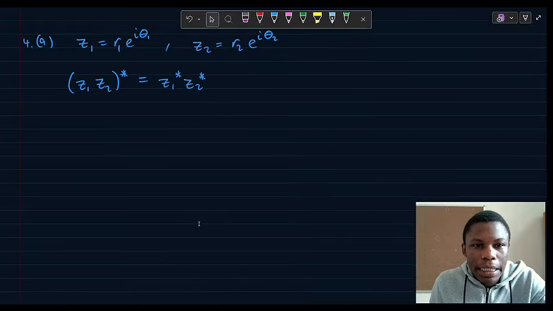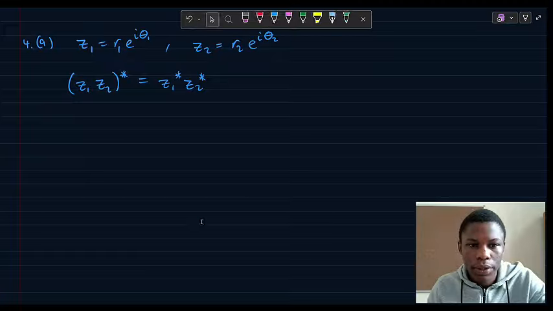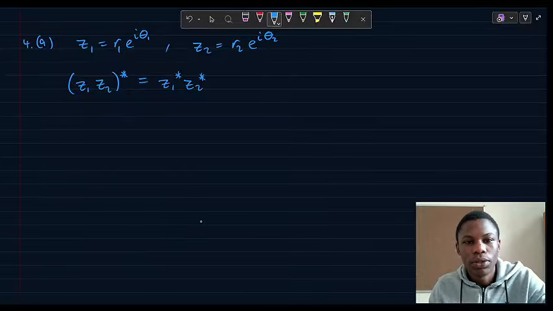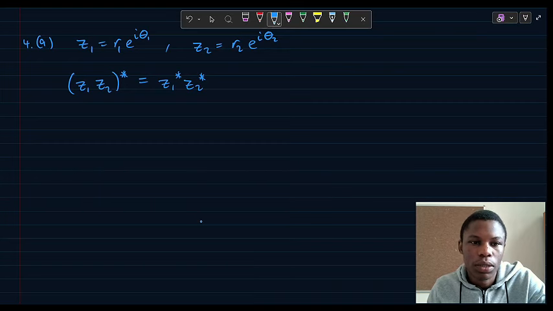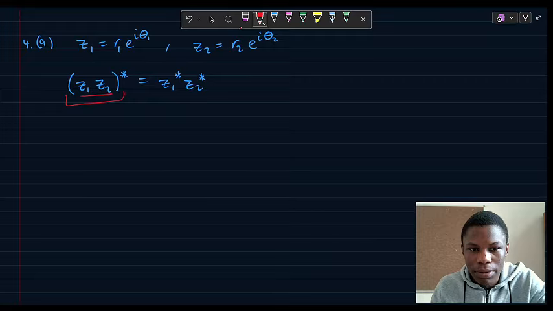Okay. So, of course, the star means conjugate. So we need to show that Z1 times Z2, conjugated, is equal to the conjugate of Z1 times the conjugate of Z2. All right. So let's start with the left-hand side. Let's first multiply Z1 and Z2.